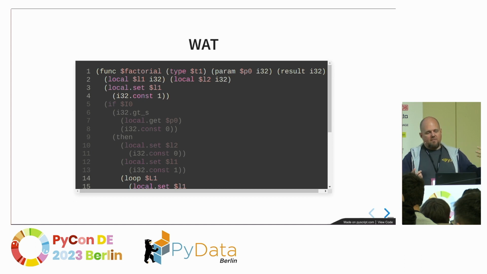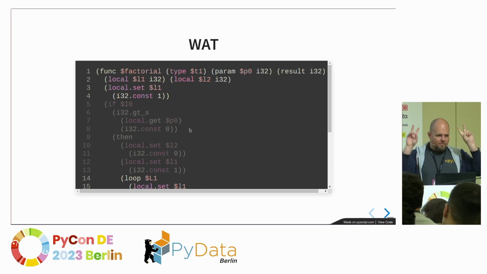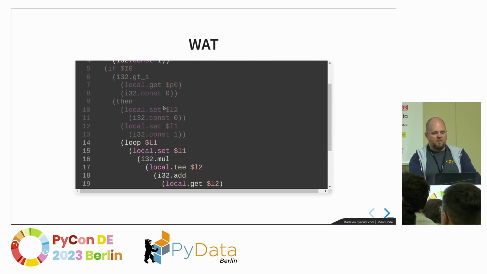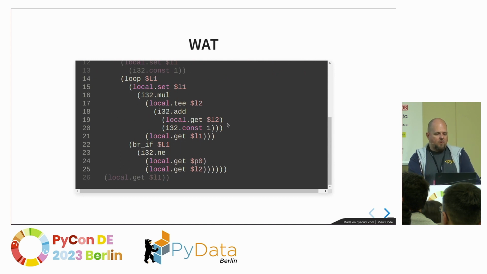It's low level enough so that if you're a C compiler, you can emit code easily and map into it. And if you are a WebAssembly runtime, you can easily emit assembly code for it in a fast and efficient way, because this local variable becomes a CPU register, and this becomes a move, and things like this. And this is the core of the logic of factorial. We have a loop, and at the end of the loop, we branch back to the label L1, which is the start of the loop.